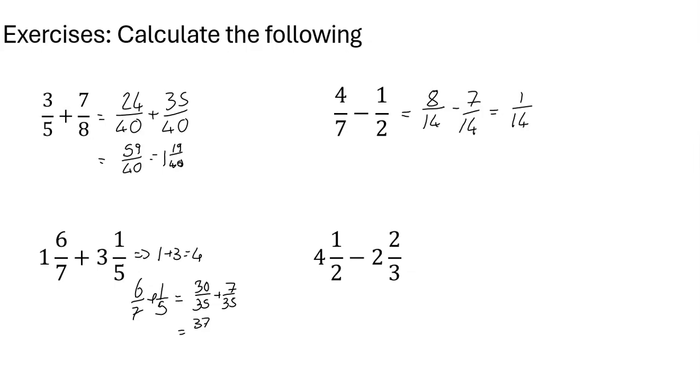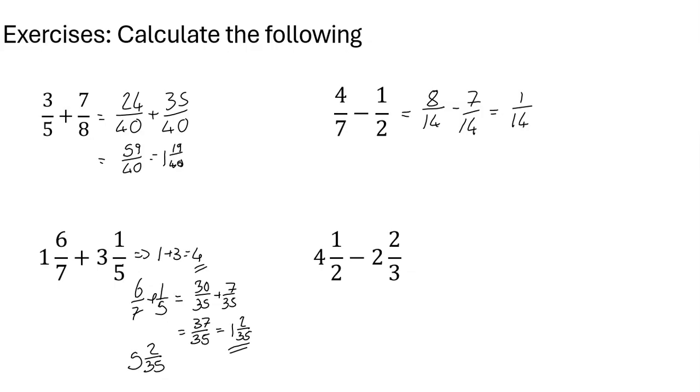And that gives me 37 over 35. Now this fractional part is improper, so I have to make it a mixed number, which gives me 1 and 2/35. So I then combine my whole number part, the 4 and the 1 and 2/35, and I'll end up with 5 and 2/35 for that one.